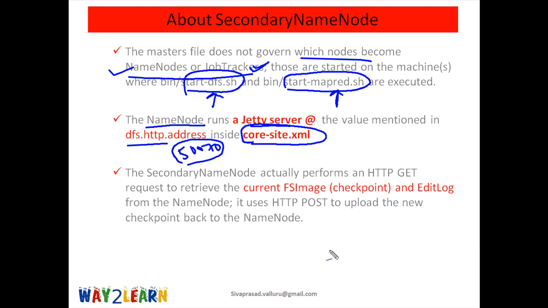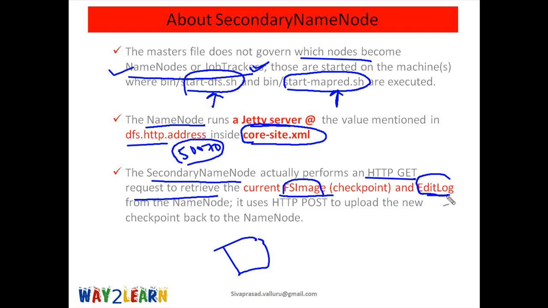So I told that after every 1 hour the secondary name node will contact the name node and ask for the edit logs, right? So the secondary name node will actually perform an HTTP GET request to retrieve the current fsimage and the edit log. And after the current fsimage and edit log are retrieved from the name node, it will merge these two files and the merged file will be posted back to the name node.